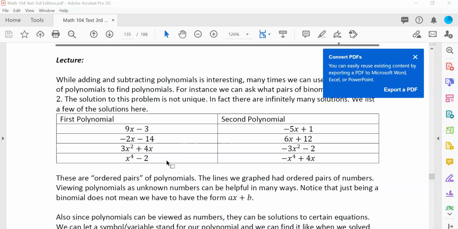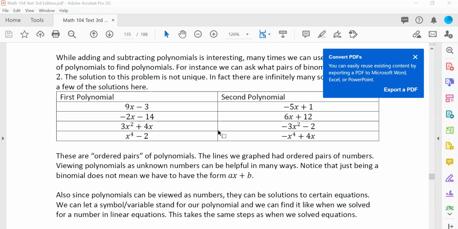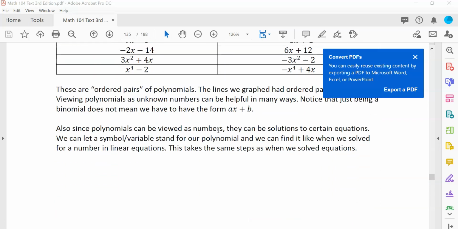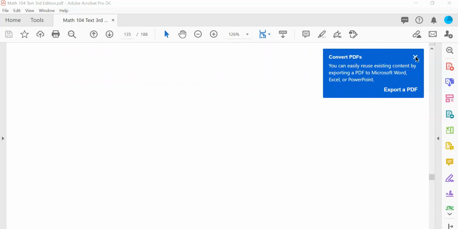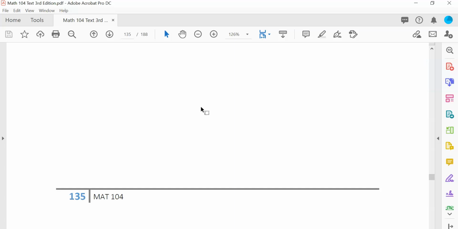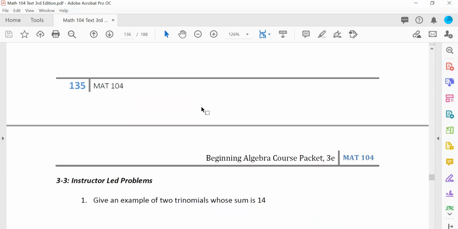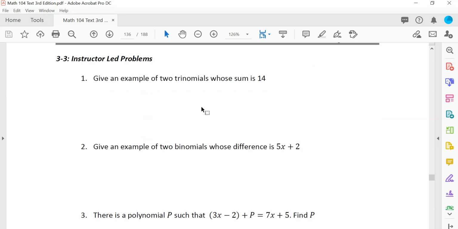So there's lots and lots of different combinations when we get to those problems where we have to find an ordered pair that works. There's lots and lots of pairs of polynomials which are going to work. All right. So we're going to try to see polynomials as solutions to equations, and in particular, solutions to either two variable equations or one variable equations.